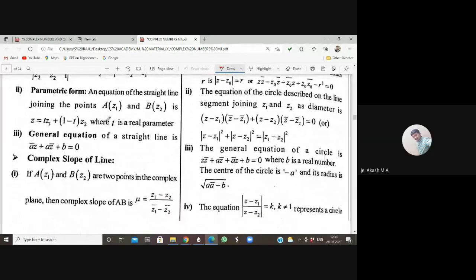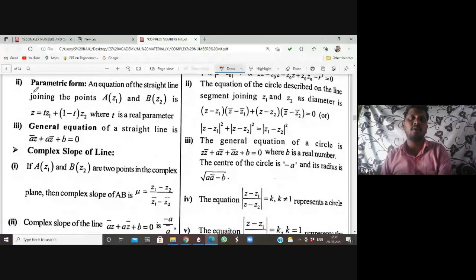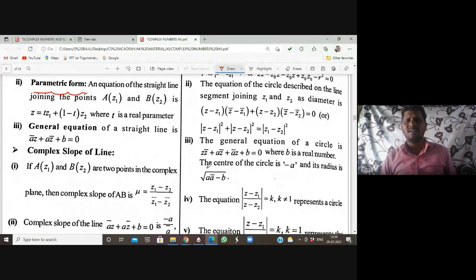What is locus, sir? The locus concept means locus is nothing but the set of all points satisfying some particular condition. For example, I'm taking a fixed point here and a moving point here. This moving point satisfies one condition.